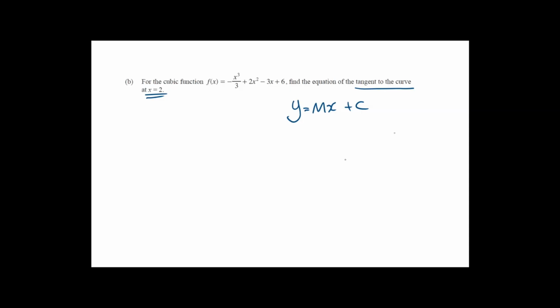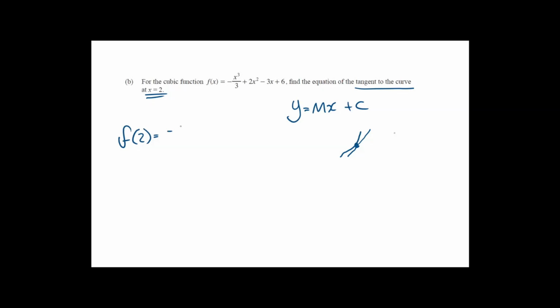So it's going to become looking like that. It's going to just touch it and then move on. So first thing we're going to do is we need to work out what the other coordinate is when x equals 2. So we need to find f of 2, don't we?